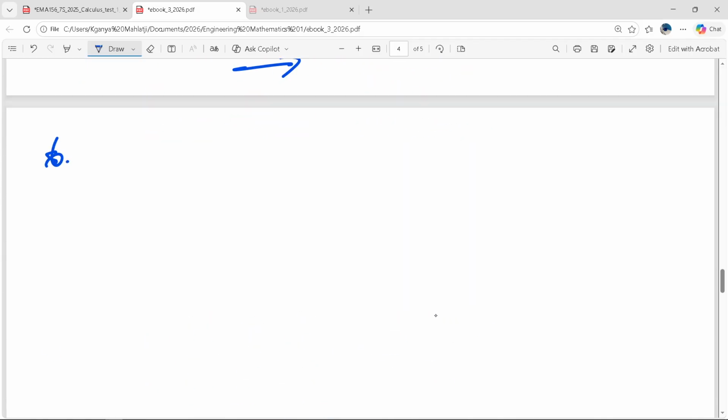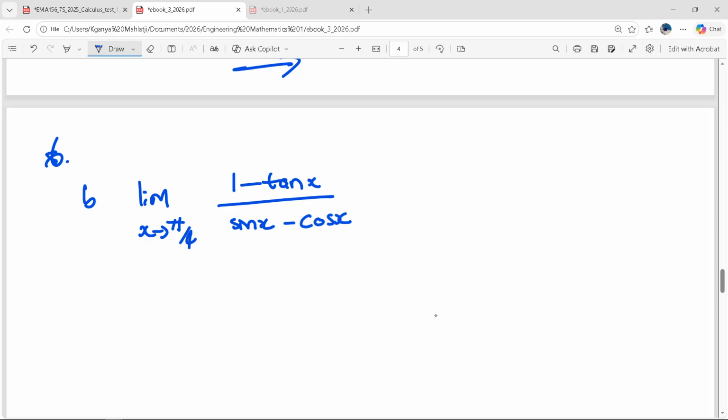Question 6, part B. We have the limit as x approaches π/4 of (1 − tan x) over (sin x − cos x). It's 5 marks. If you try to substitute π/4 here, it's going to be undefined.